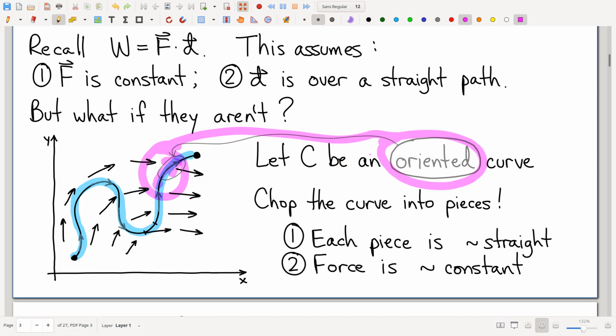Said differently, we need for our curve to not just be a bunch of points. We need our curve to have this attached orientation. So we're going to consider now a completely new geometric object called an oriented curve. Not to be confused with a curve. A curve just sits there. Right? A curve is like a road. It just sits there. Roads don't really have a direction, right?